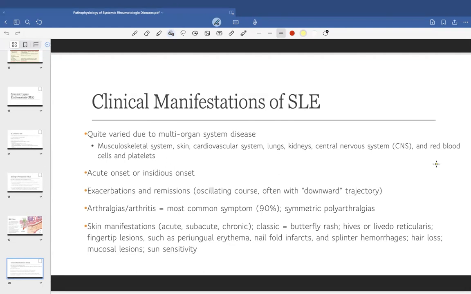The most common sign and symptom is the arthralgias and arthritis. That's often what patients will present with, although I've seen them present with a uveitis. It tends to be symmetric, which is why sometimes there's a lot of overlap, and you have to discern whether it's rheumatoid arthritis or lupus, because of this symmetric polyarthralgias.